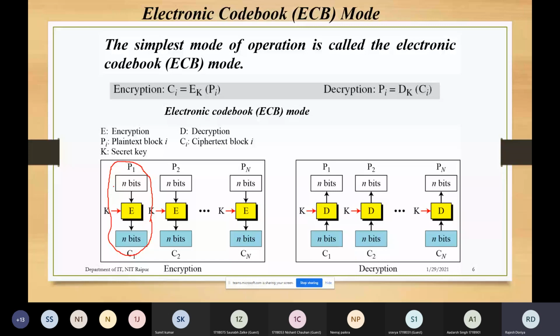In this particular mode of operation, the encryption is performed over these n bits of P1 along with a key K. The result it produces will also consist of n bits, and these n bits are going to be the first ciphertext bits. So this C1 was the ciphertext corresponding to the P1 plaintext. This is how things happen in electronic codebook mode.